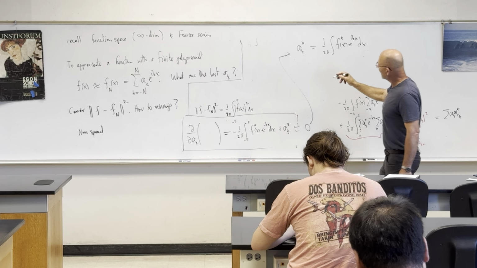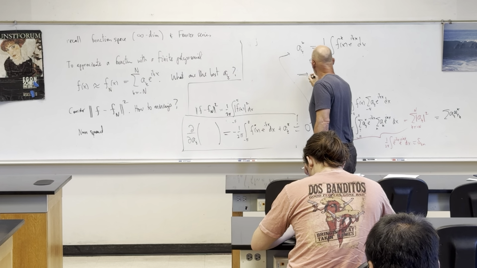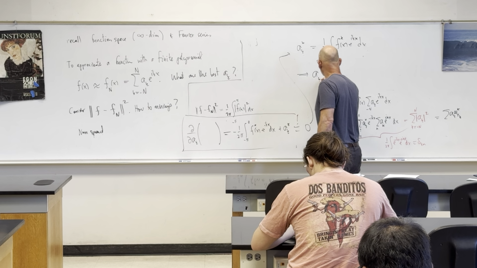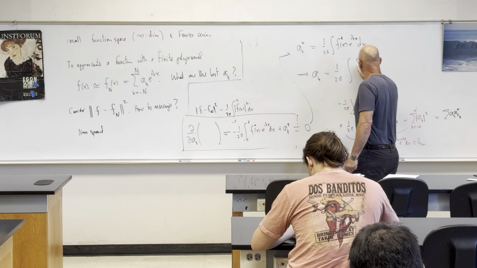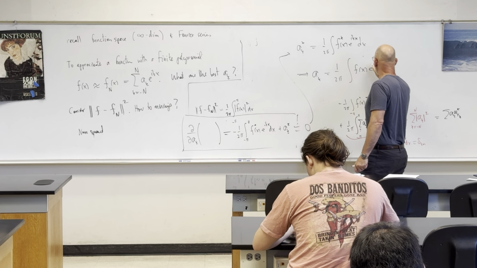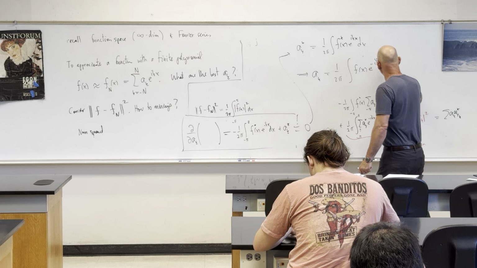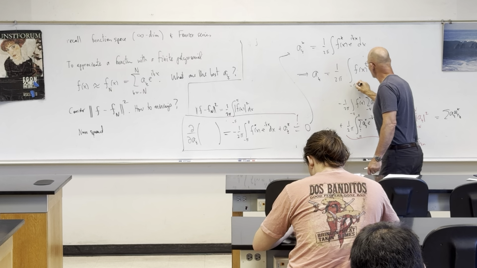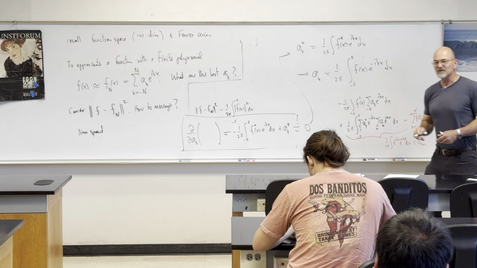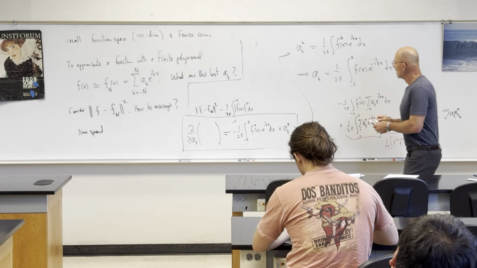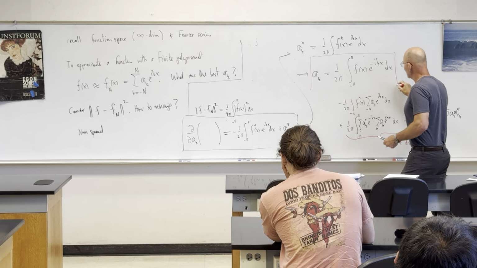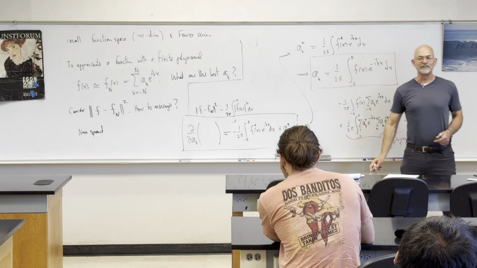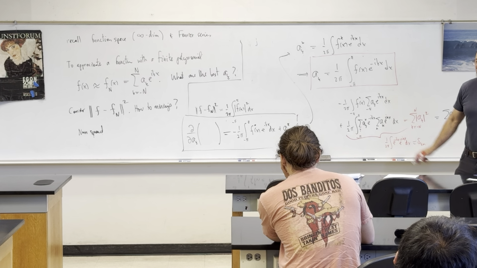And if we star that again, that means a sub k is equal to 1 over 2 pi integral from minus pi to pi of f of x e to the minus i kx dx. So there's the punchline. And that's exactly the same thing we called c sub k when we started doing Fourier series.